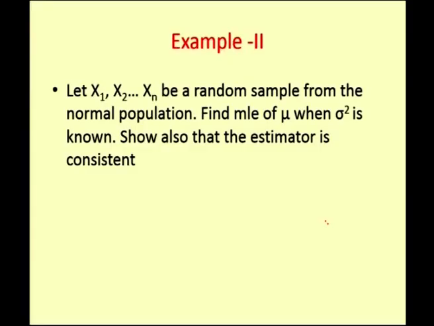Let x1 etc. up to xn be a random sample from a normal population. Find MLE of mu when sigma squared is known. You also have to show that the estimator is a consistent estimator. So, let us go for the proof. Let us see how we are going to derive this particular proof.